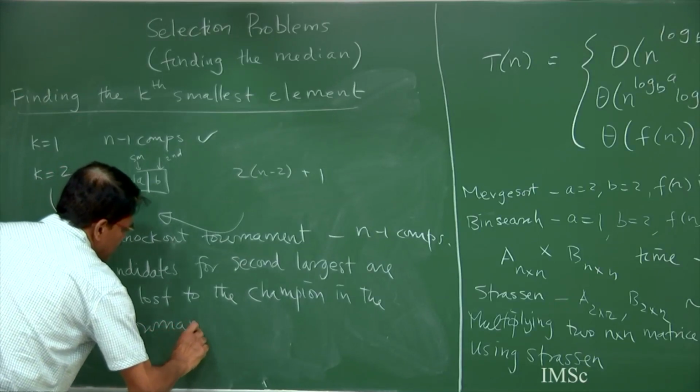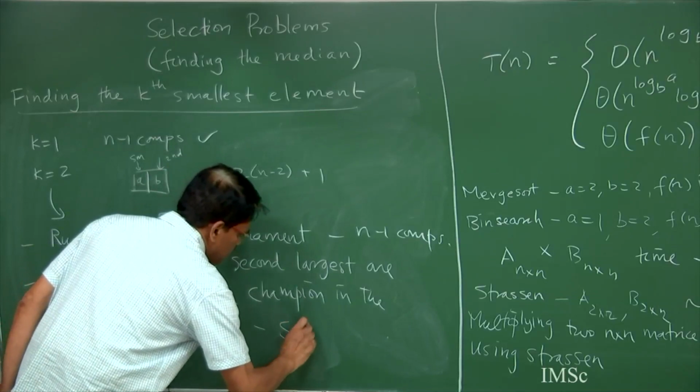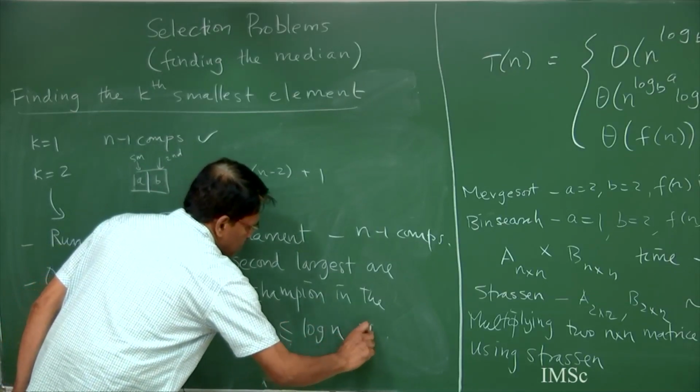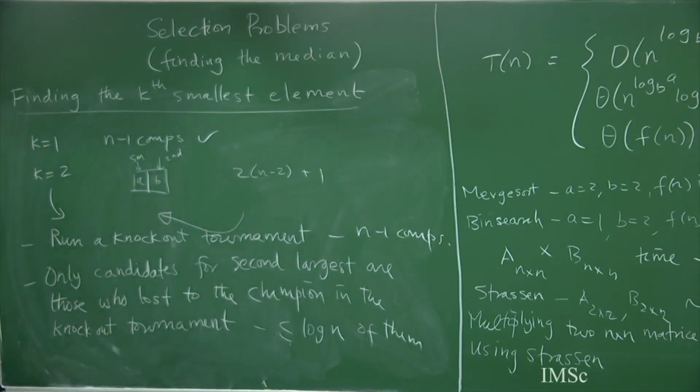How many possible candidates are there? Log n, because 1 at each level, because at every level only one guy can play the champion. So, there are log n different levels. So, there are at most log n of them. When I say log n, it is interpreted as a ceiling log n or something.